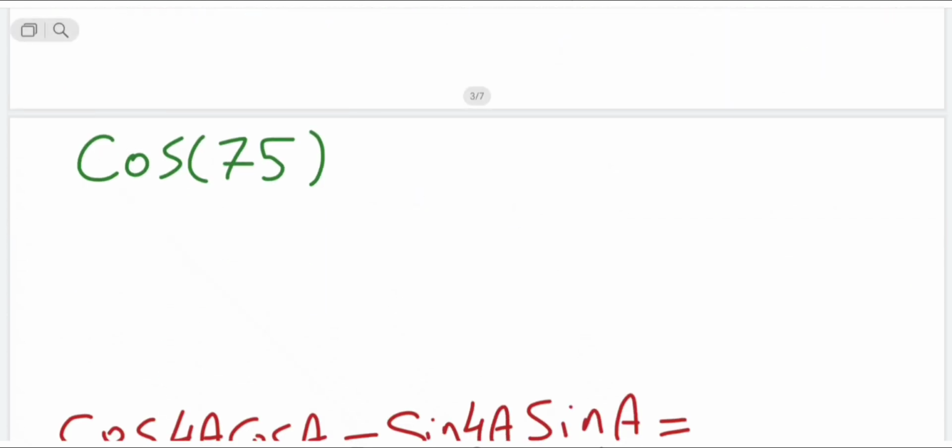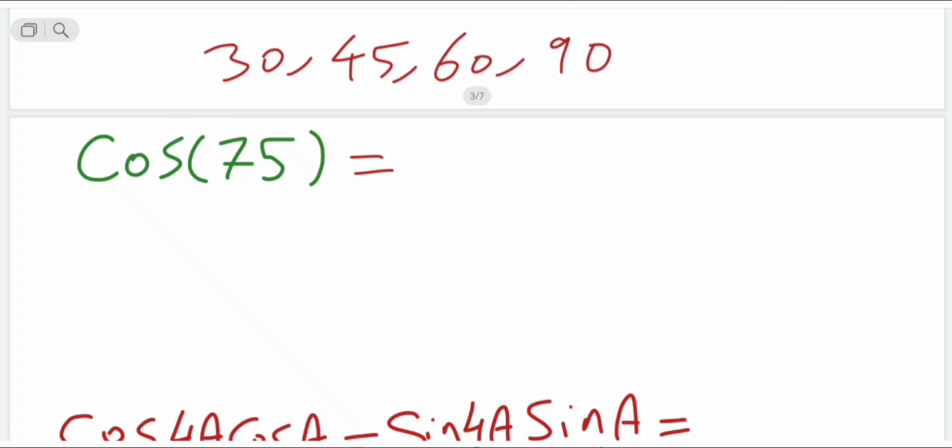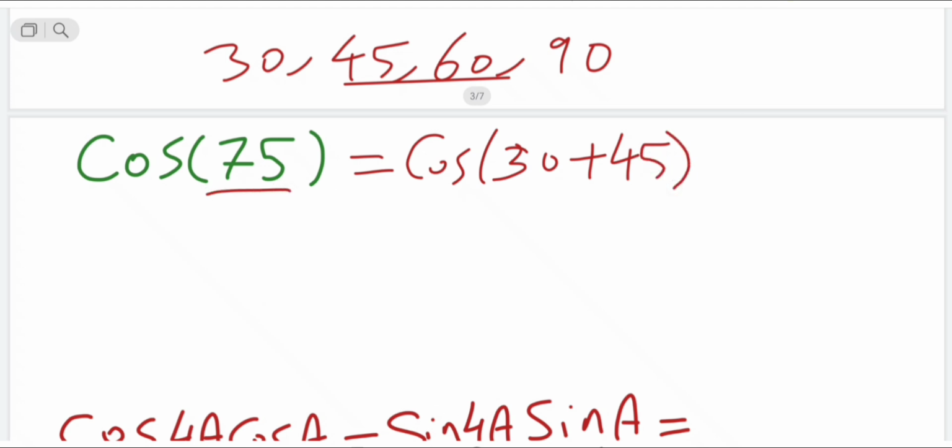Okay, look at the next question. As I told you, if there is one angle, we will try to make two angles by using a plus or minus sign. So which angles will we use? 30, 45, 60 or 90. Here cos 75 equals cos(30 plus 45), since 30 plus 45 equals 75.